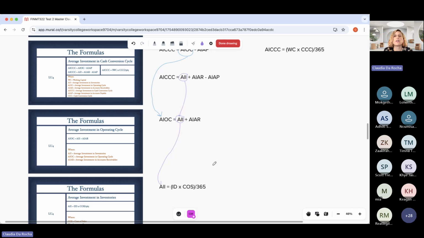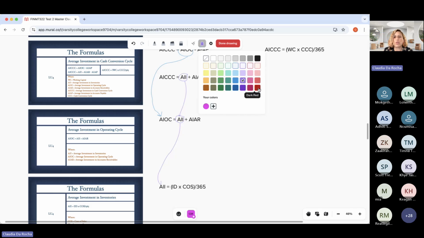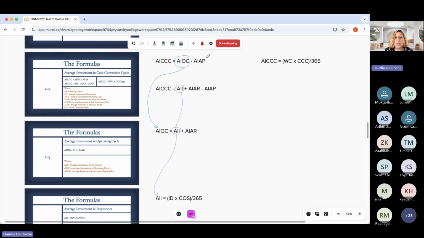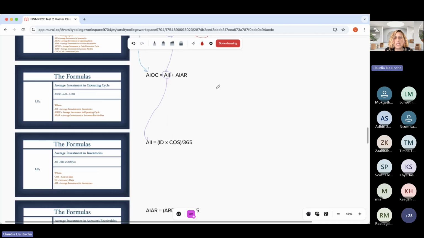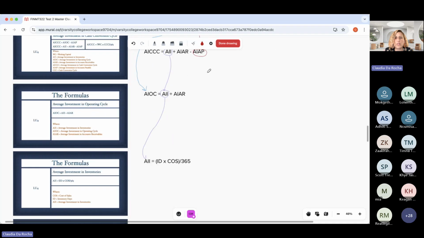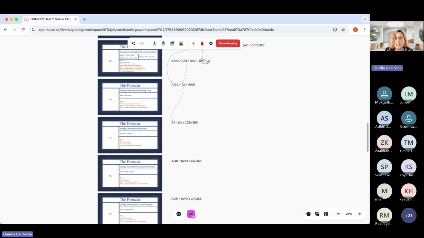So again, same principle as with the days. We're following the same thing where we have elements within each other. And again, they can ask it to you in different ways, asking you to calculate it with different elements. So it's important that you can see that.